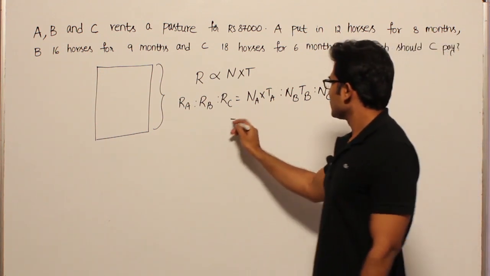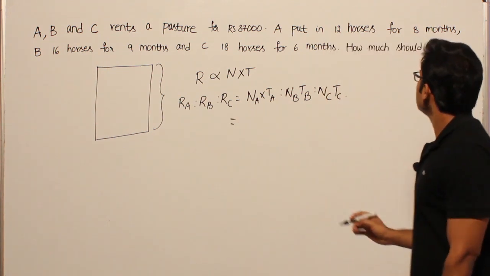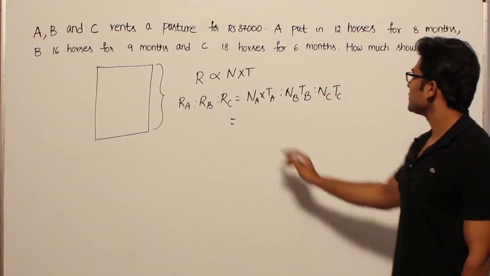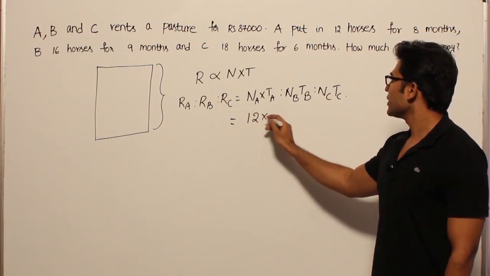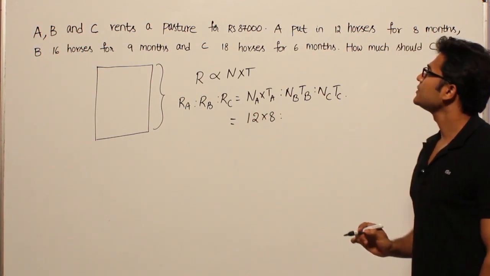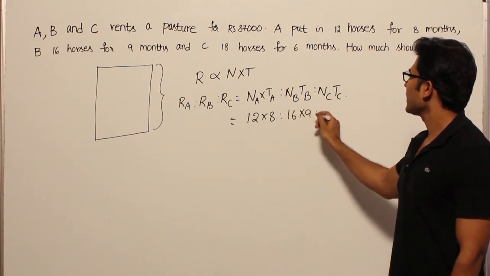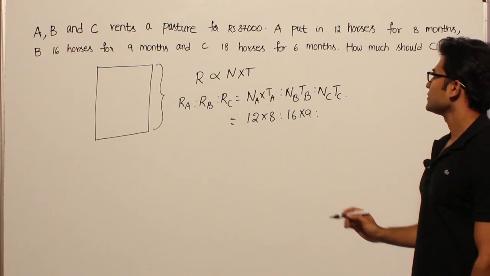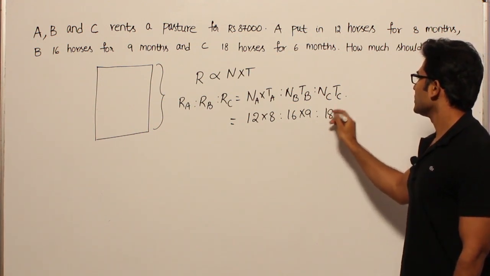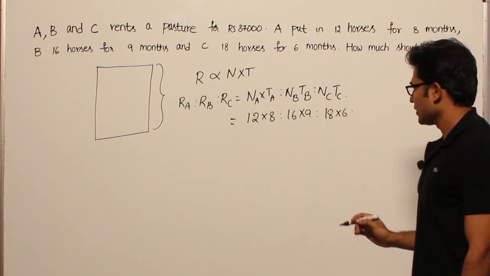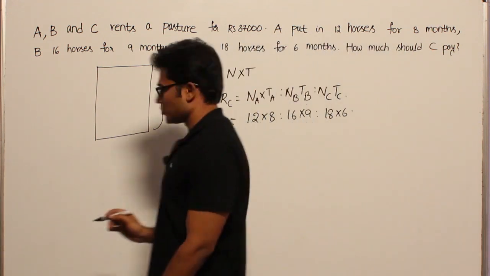Now what is it? A has 12 horses for 8 months, so 12 into 8, and B has 16 horses for 9 months, therefore 16 into 9, and C has 18 horses for 6 months, so 18 into 6, right? Now you are supposed to find out this ratio.